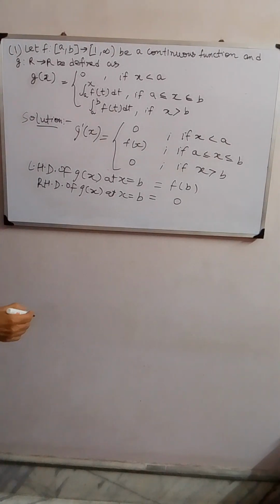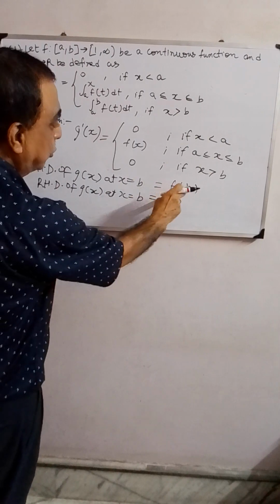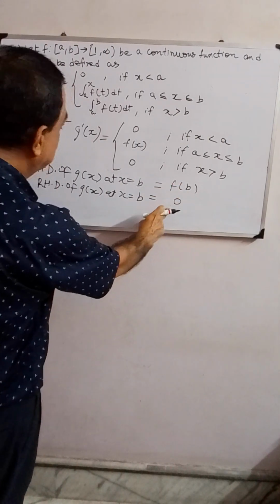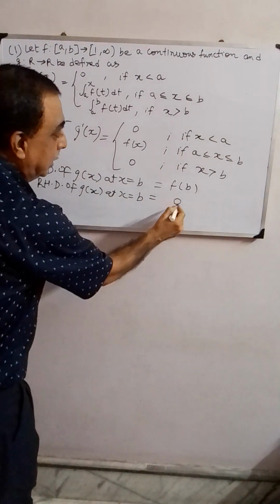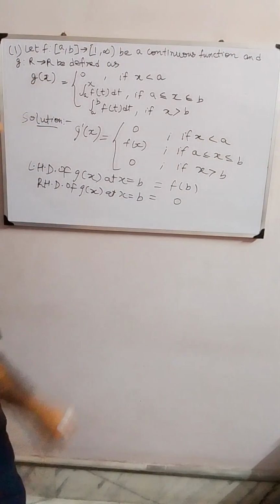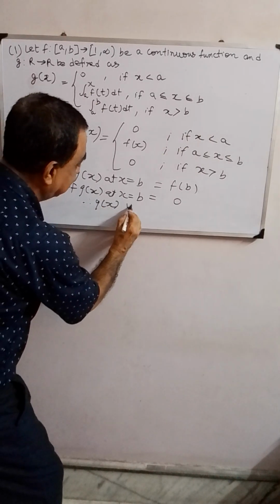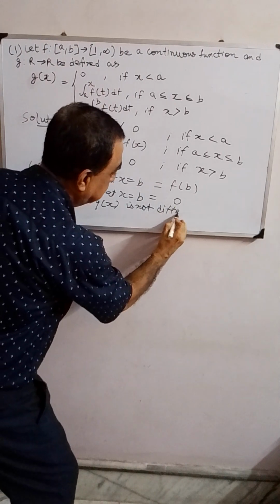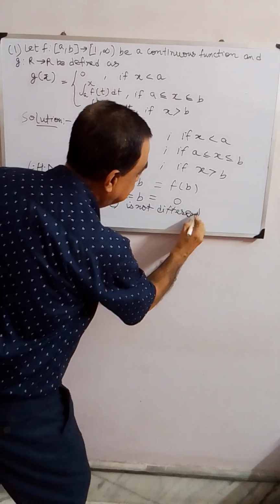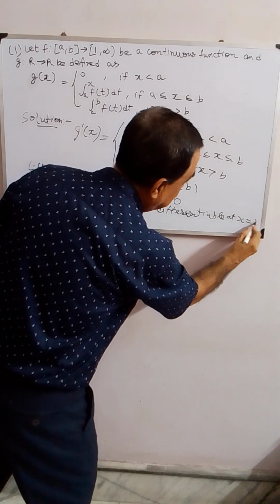So what we are noticing here is that the left hand derivative of g(x) at x equals b is not equal to the right hand derivative of g(x) at x equals b. This is 0 and this is f(b). So the result is g(x) is not differentiable at x equals b.